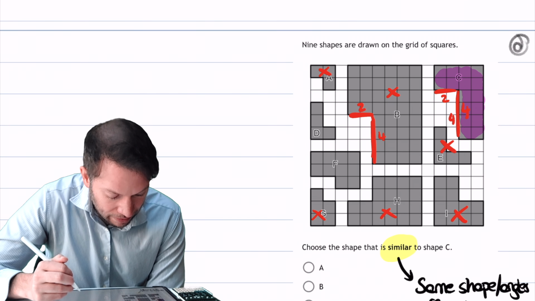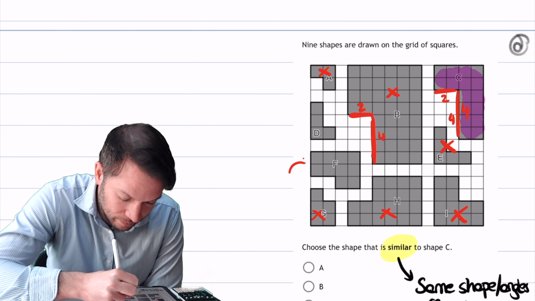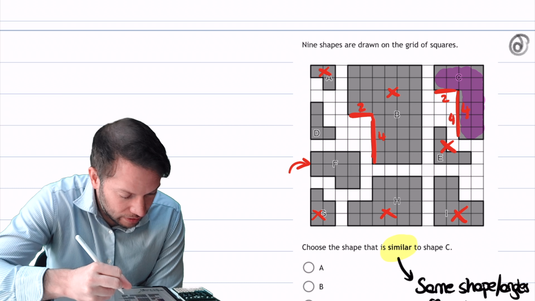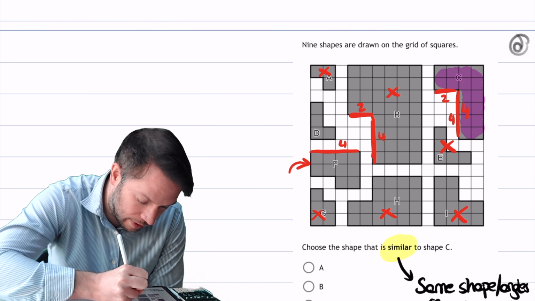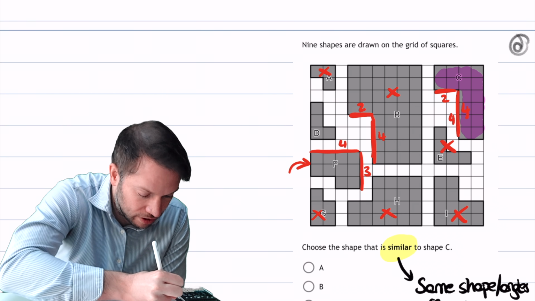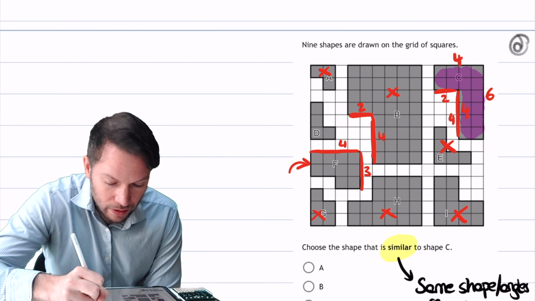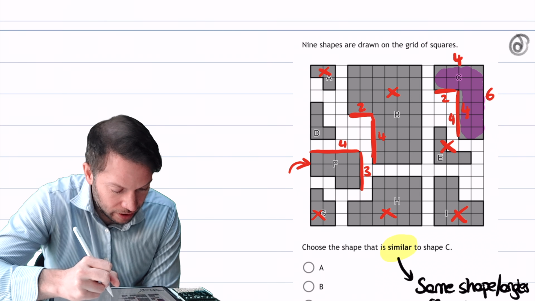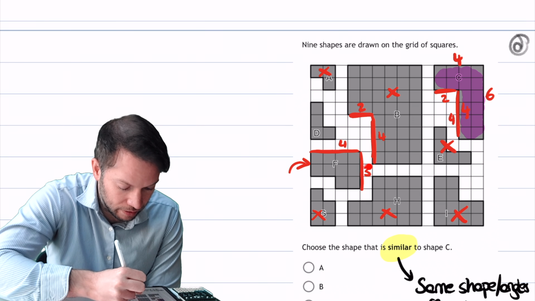So we haven't got many left now. What about F? Well, we can see that this length here is 4. This length here is 3. So these are outer lengths. These outer lengths here, we've got 6 here and 4 here. Now, that doesn't actually work because can you see that the shorter length here is 4, the shorter length here is 3.